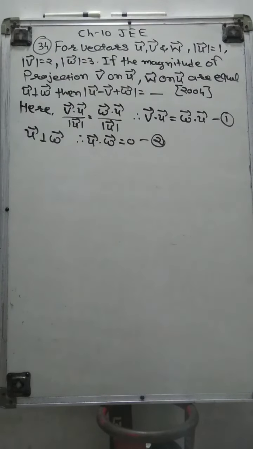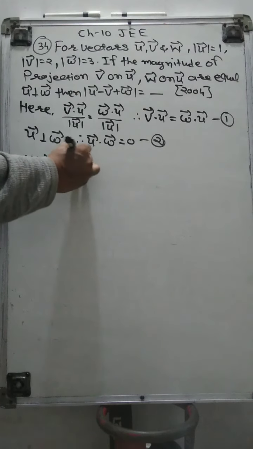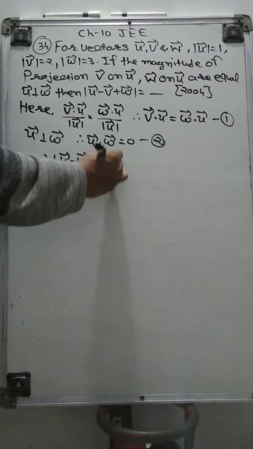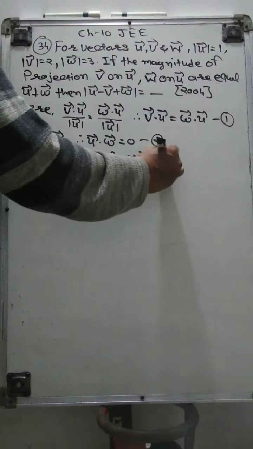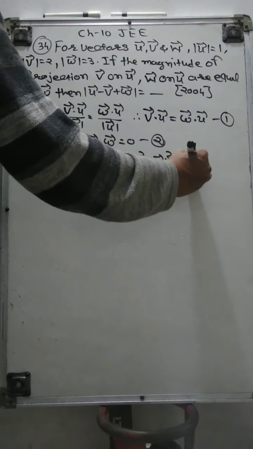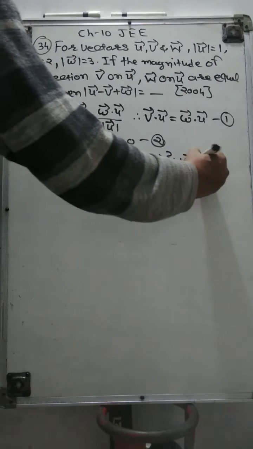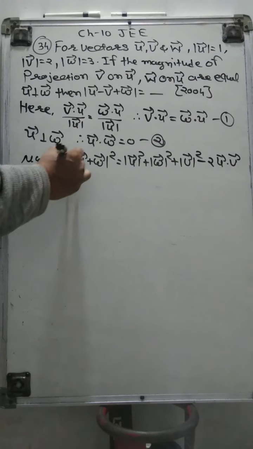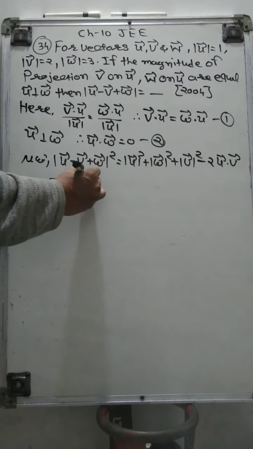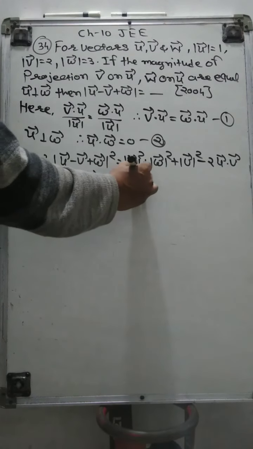Now we want to find the value of this term. Therefore, mode of u bar minus v bar plus w bar square is equal to mode u bar square plus mode w bar square plus mode v bar square minus 2u dot v minus 2v dot w plus 2u dot w.